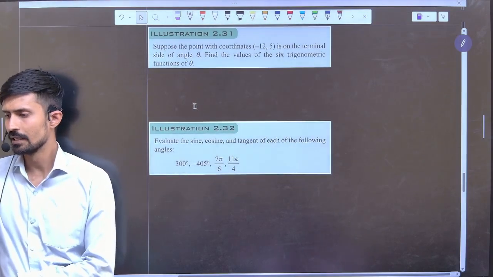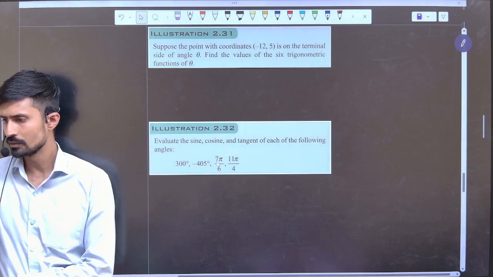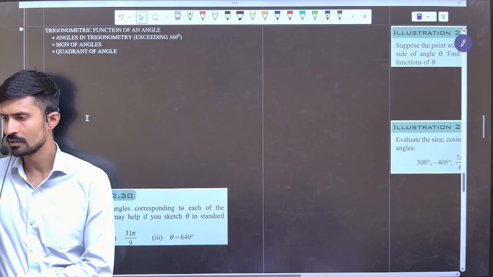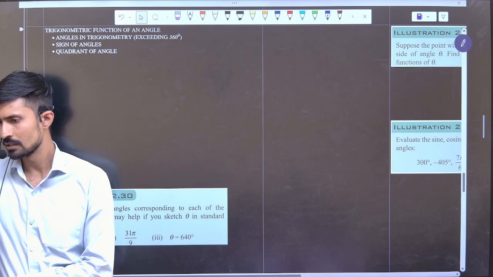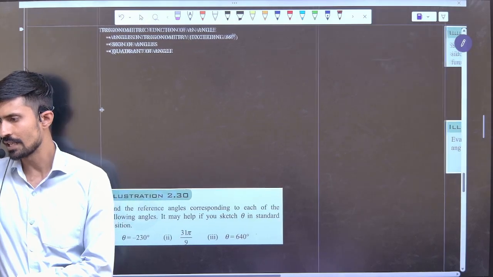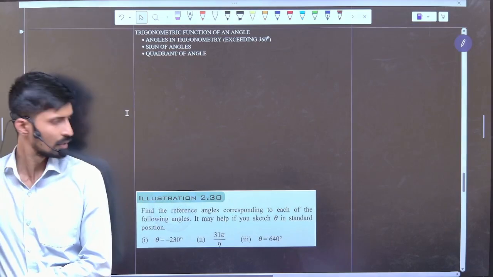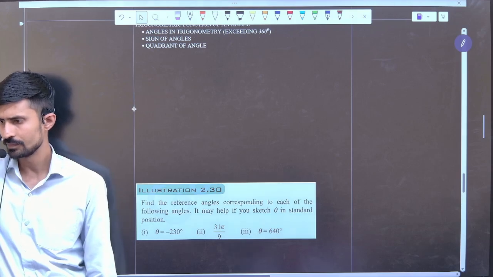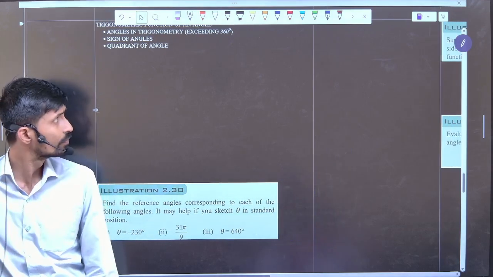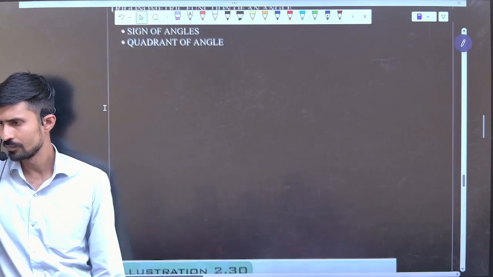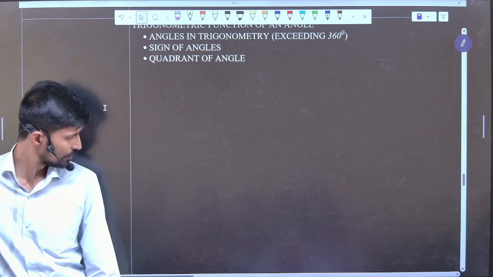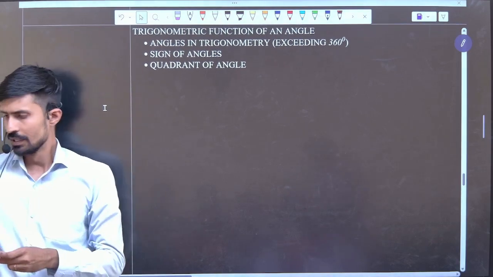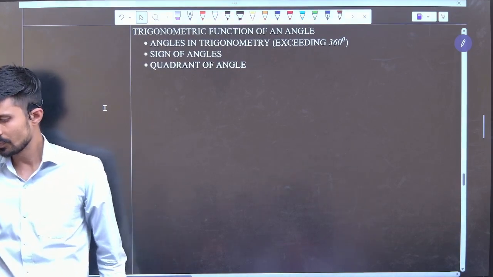Now write down sign of trigonometric function.